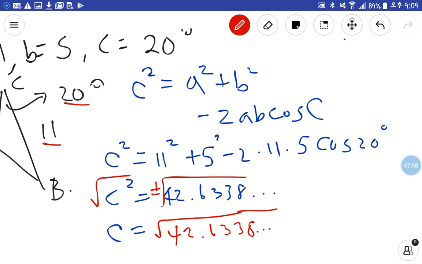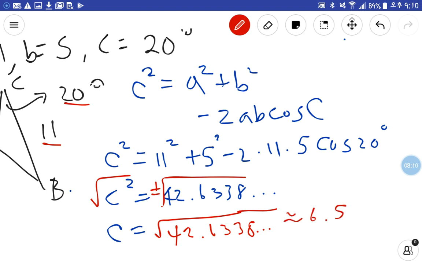Let me use my calculator. So, 42.6338. I know it's gonna keep going up. So that would be around 6.52. So they round up to the nearest 10th place, which is 6.5.